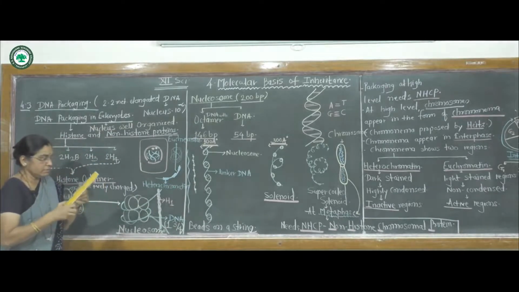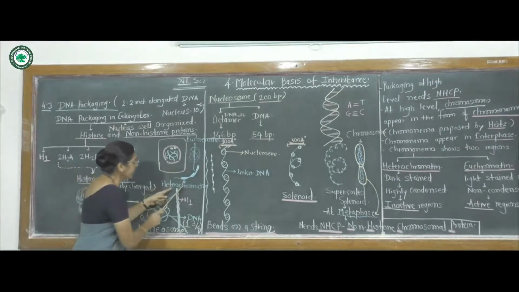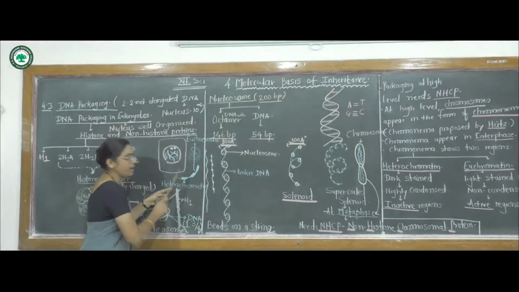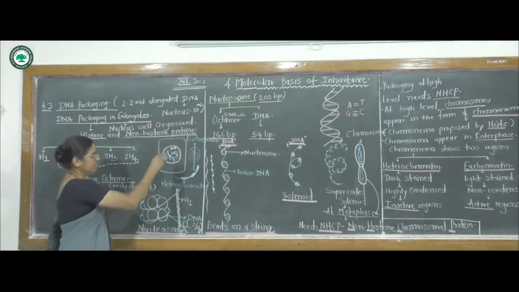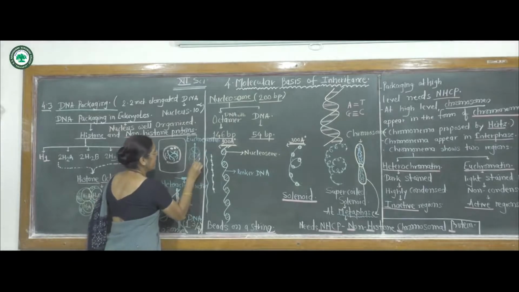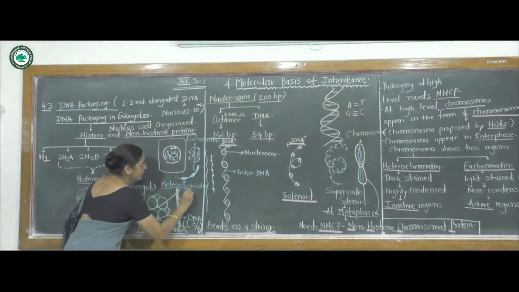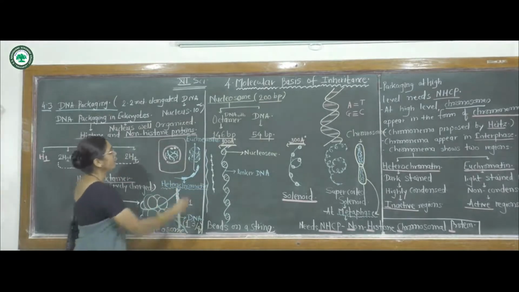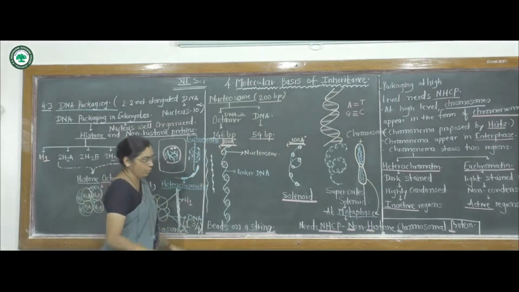So the difference or the distinguishing features, the heterochromatins, which are the dark stained region, that means the chromonema shows some regions which are the dark stained regions like this, and the dark stained regions called as the heterochromatin, while the light stained region called as the euchromatin.